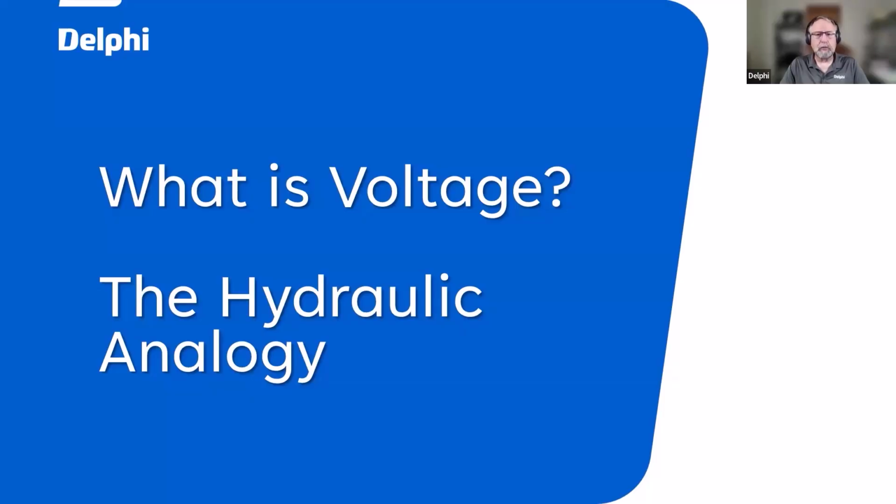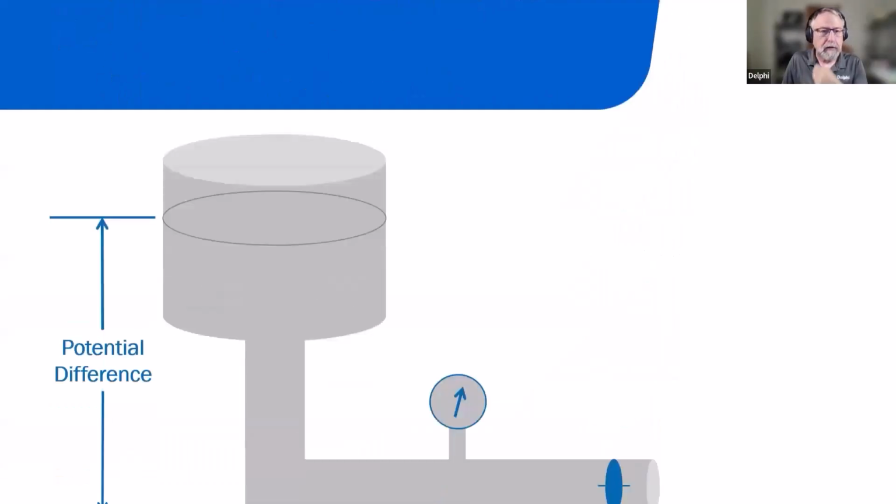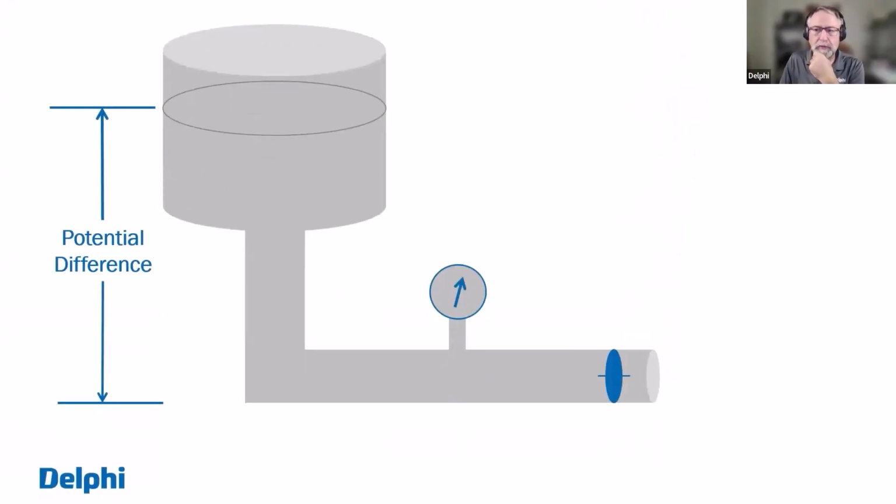And consequently, it's really difficult to visualize what exactly is happening inside the circuit. So using hydraulics as an analogy or a way of illustrating how electricity works is a very good way of going about things. And I'll demonstrate that right now, starting with voltage.